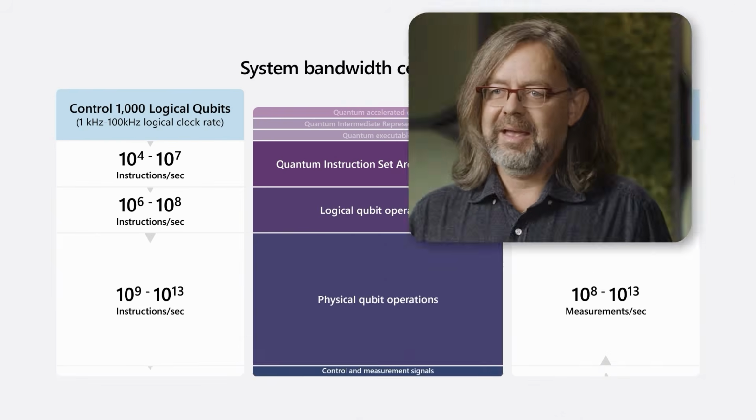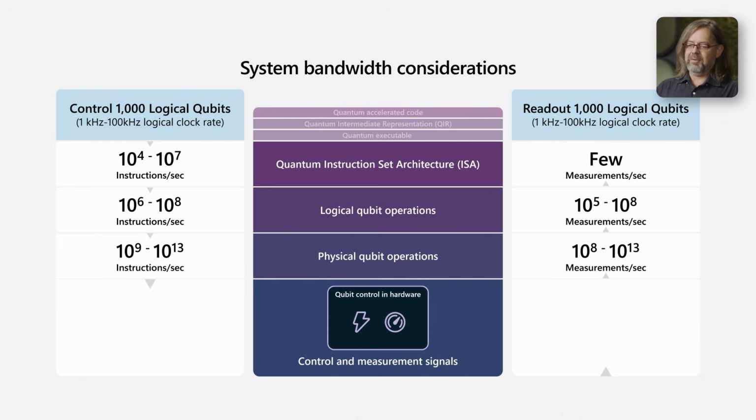So these control operations, we expect, have to be done in hardware. I need to harden the qubit control. That means I also have to harden the mapping of logical operations to physical operations. It has to be done in hardware. Even though these numbers seem daunting, that is the challenge we face.